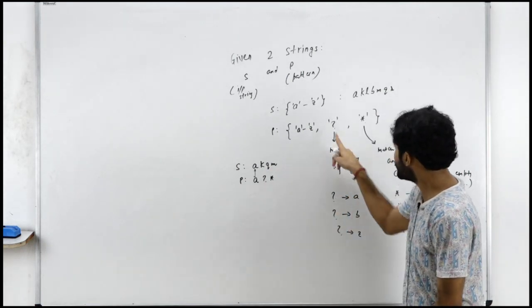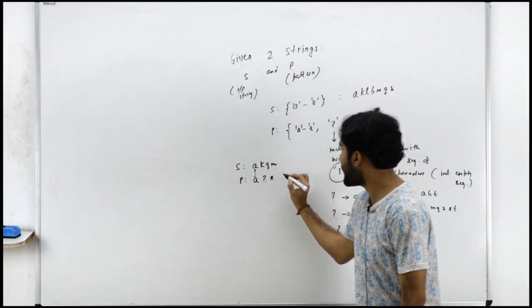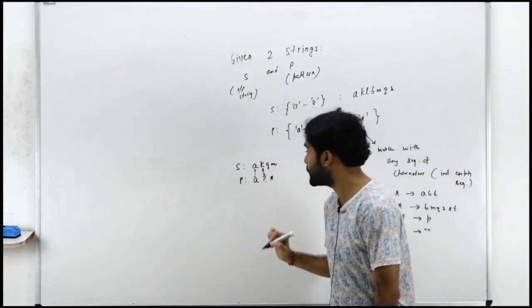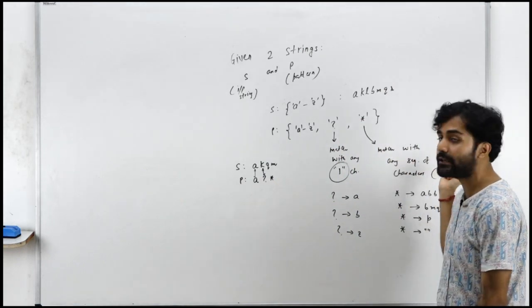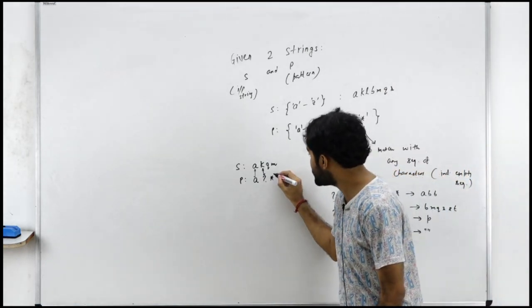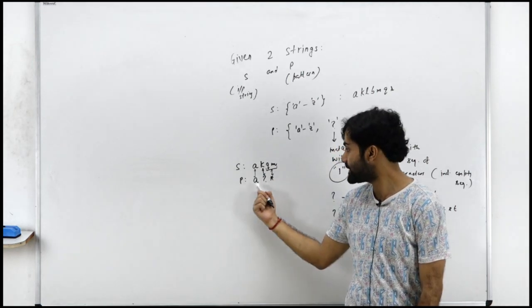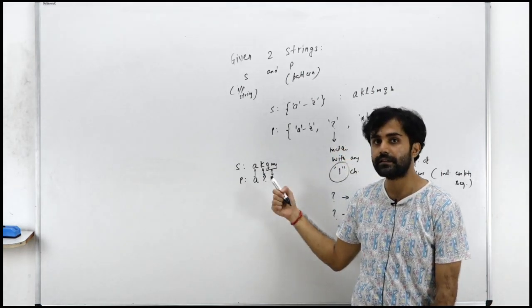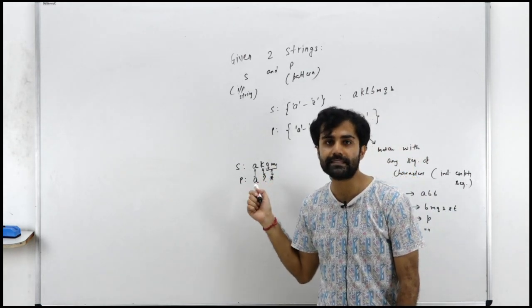Now since question mark can match with any one character, I can match this question mark with this K, and since star can match with any sequence of characters, I can match this star with this entire thing, and then I can happily say that this A question mark star is being matched against A, K, Q, M, right? So this was a very simple example.